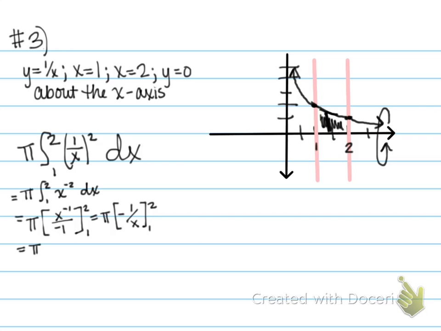You got pi times negative 1/2 minus 1 is negative 3/2. So the answer is negative.